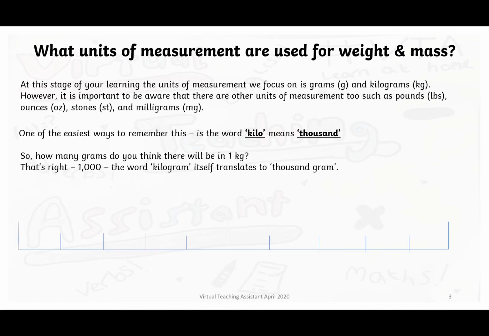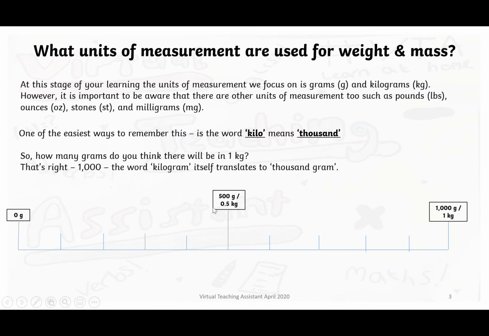Now I'm going to draw you a quick chart here just to show you a kilogram and the equivalence of the grams to the kilogram. As you can see, I've got 0 here and I've got 1 kilogram here. In the middle, we know half of 1,000 is 500, so it's 500 grams. You'll see I've put 0.5 kilograms. Those who are familiar with decimals, this will be no surprise to you.